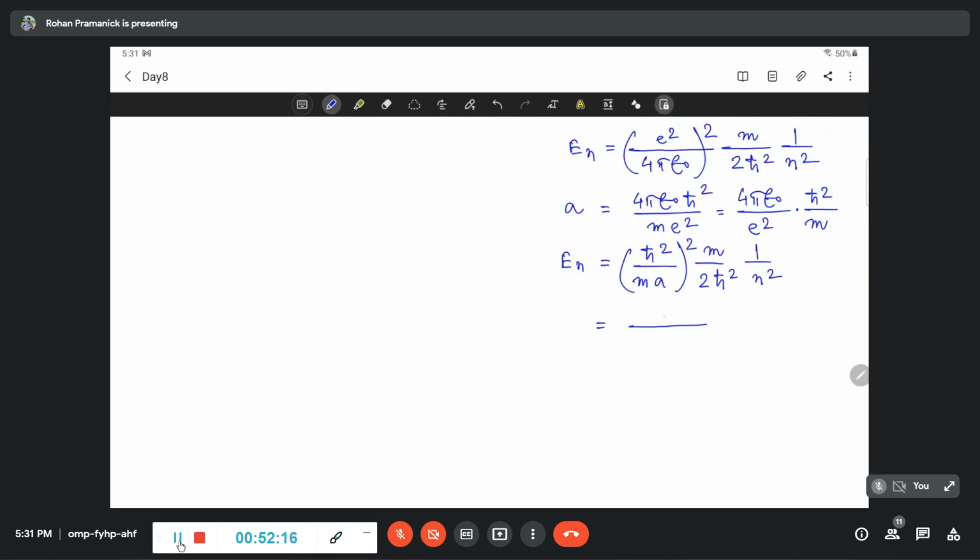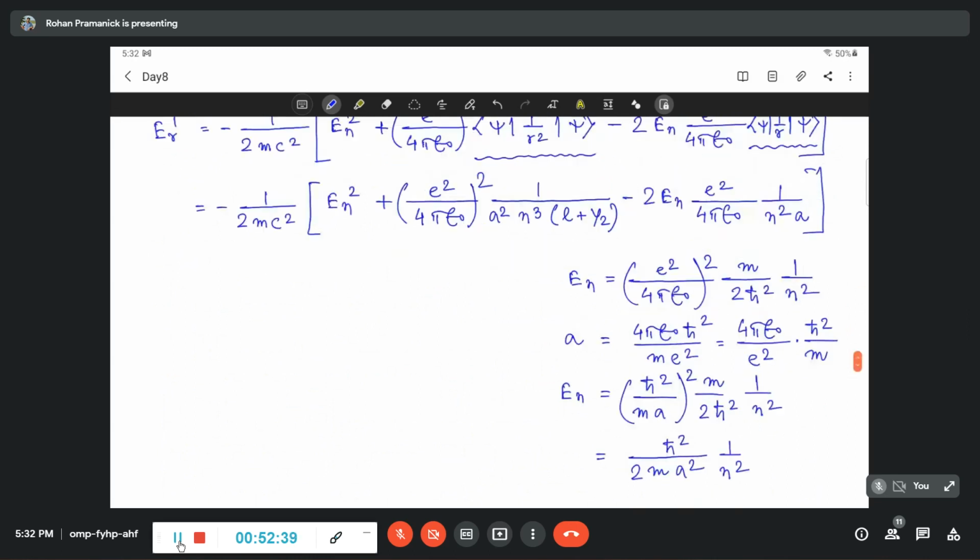So this becomes 1 by 2 m h cut square, h cut square, 1 by n square. Is this correct expression? Probably. This is correct, right? Yes, sir. Okay.